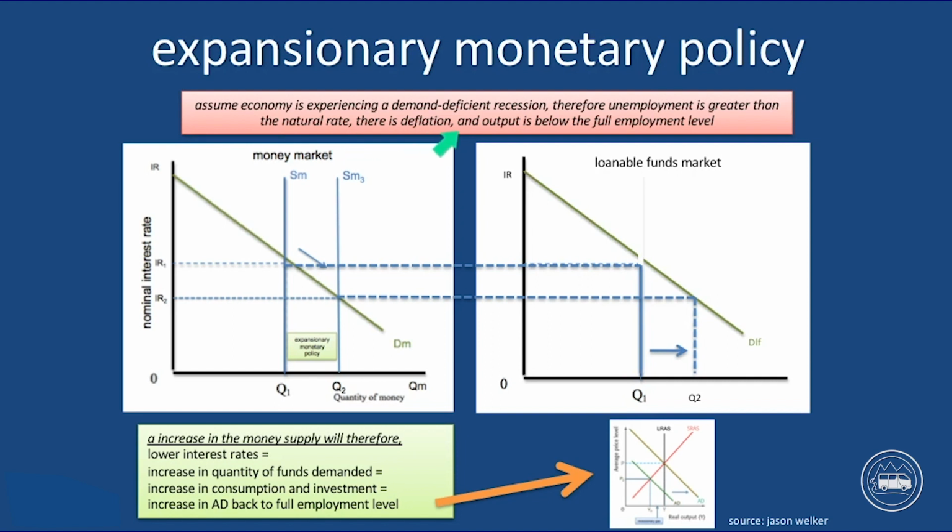There is deflation, prices are going down, and output is below the full level of employment. So basically, if you take a look at this graph, here's where the economy was and aggregate demand dropped. As a result, there's an increase in unemployment and a decrease in the average price level, or deflationary pressure.